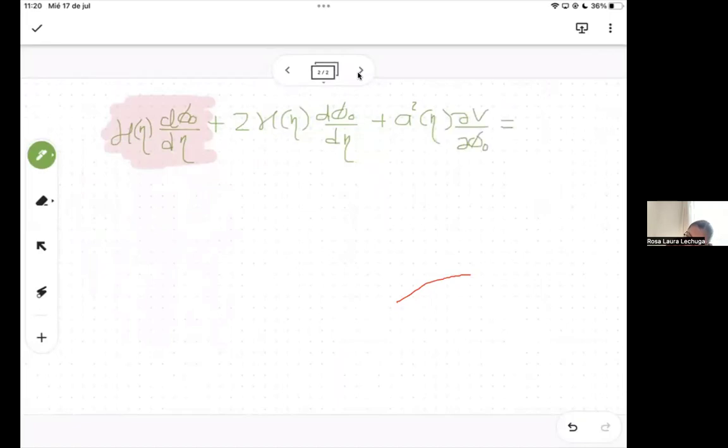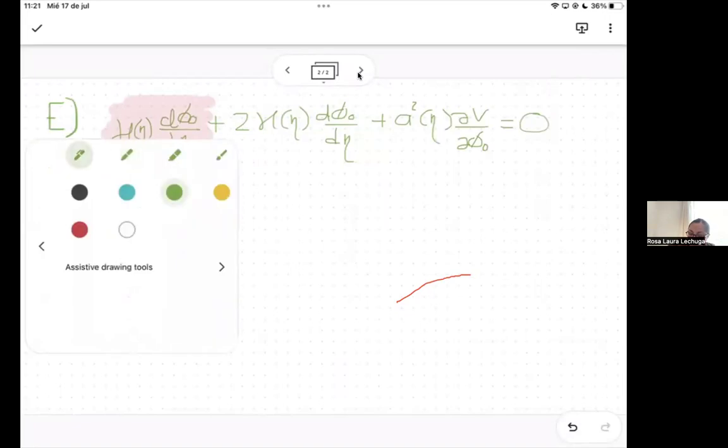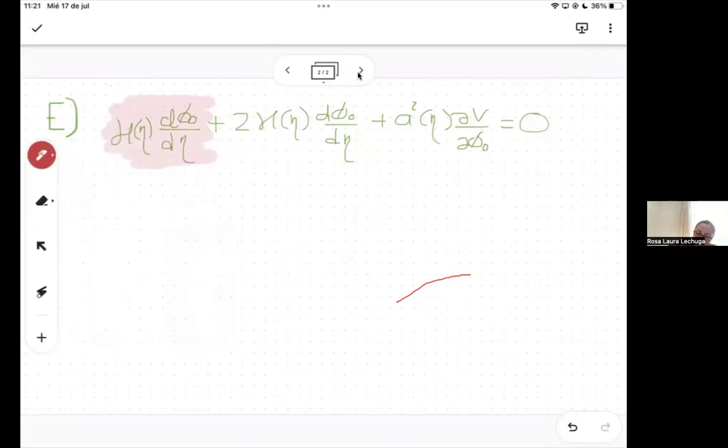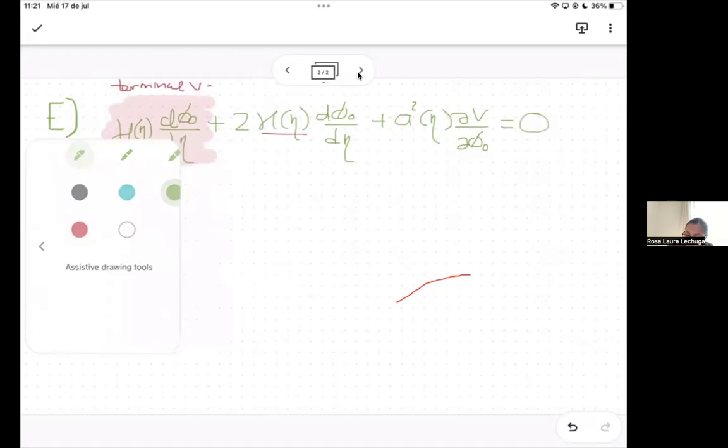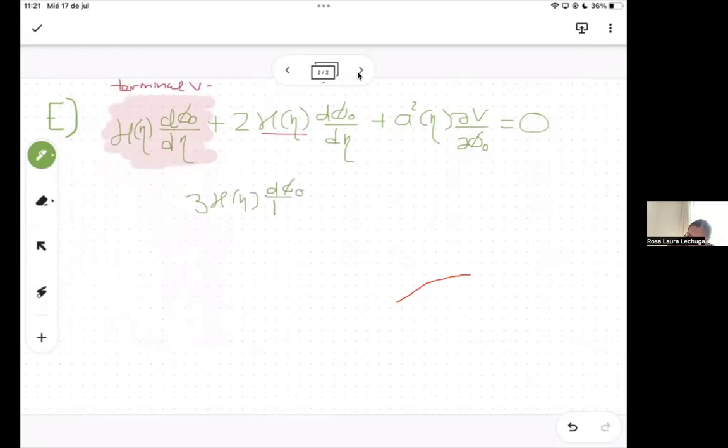This is the Einstein equation. And the red part is the terminal velocity condition. From this equation, I'm going to get an identity for this h, because if I zoom, you can see this is only this part.